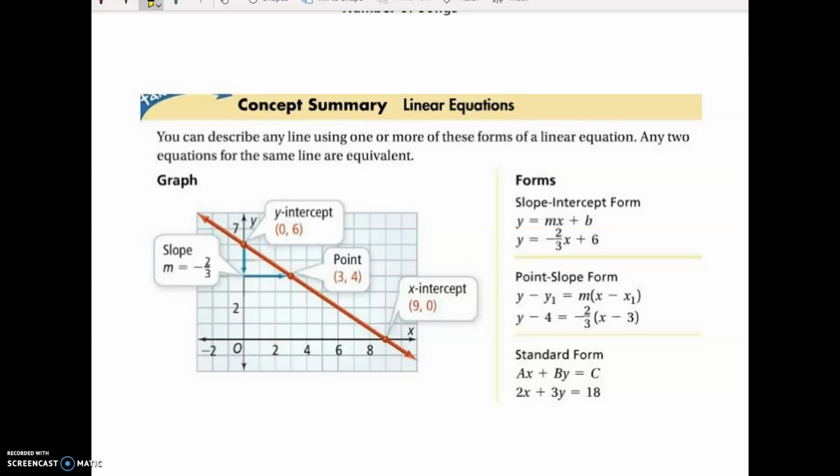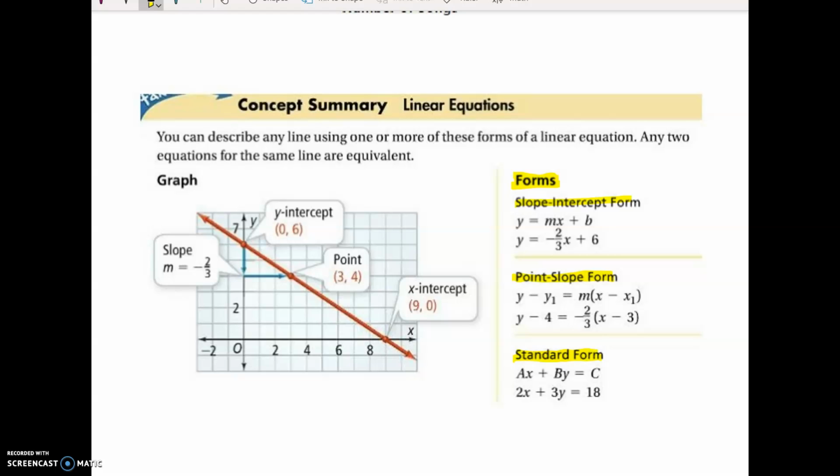Any 2 equations for the same line are said to be equivalent. So here are the forms. We have slope-intercept form, y equals mx plus b. So here's an example of that. We have point-slope form. So here's your formula, and this would be, again, an example. And then here we have the same line in standard form.